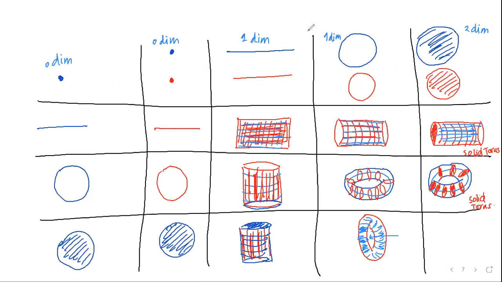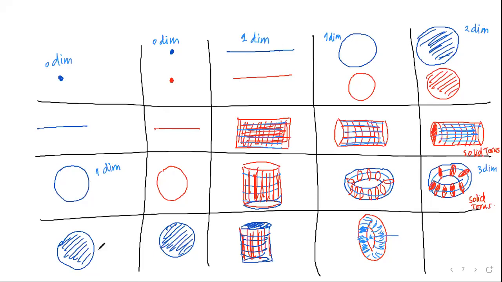So circle with circle, when you did it with the cylinder, both are one dimensional, 1+1, you get two. When you multiply the circle with the circle, you will get a two-dimensional object. Torus is a two-dimensional manifold or a surface. So you multiply a circle with a disk, you will get a solid torus. So one dimension plus two dimensions, sum them, this is a three-dimensional object.